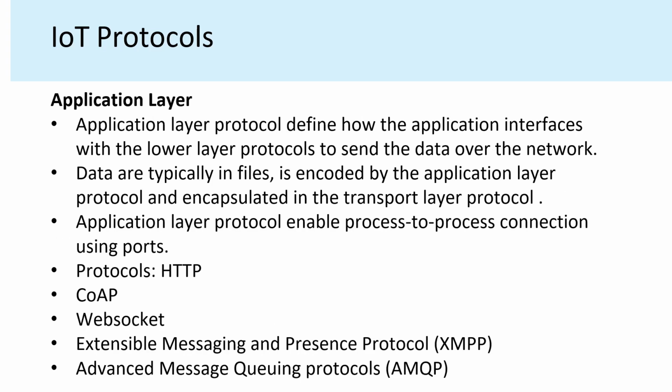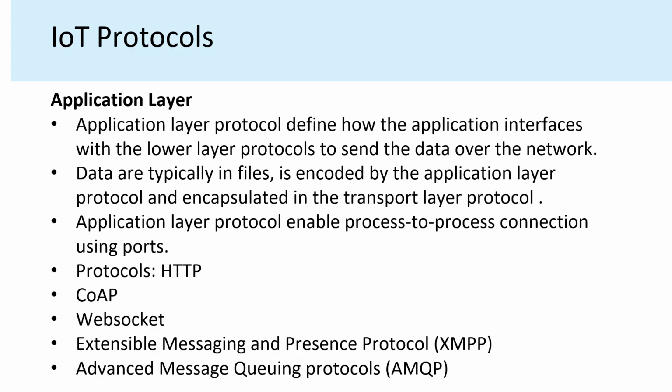The last layer is the application layer. The application layer protocol defines how the application interfaces with the lower layer protocols to send the data over the network. Data, typically in files, is encoded by the application layer protocol and encapsulated in the transport layer protocol. Application layer protocols enable process-to-process connections using ports.